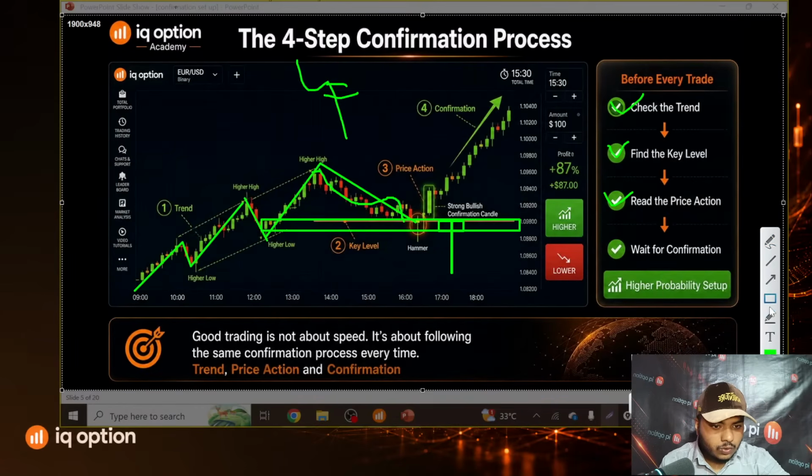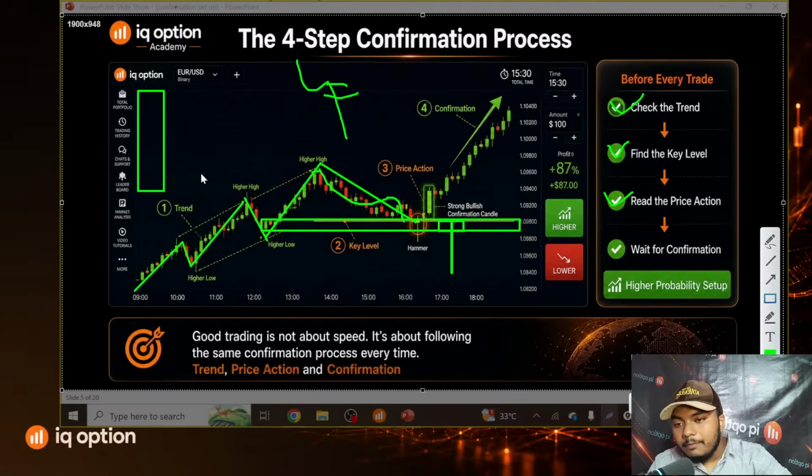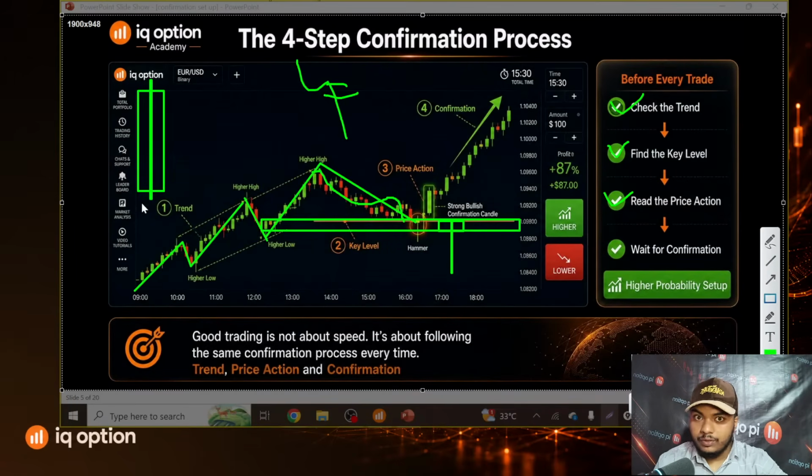Let me give you a little tip on how you can find momentum. Momentum can be a very big candle, not that big like news candles, but very healthy good candles with very weak lower shadows like this, with bigger bodies. That kind of candle can also become your confirmation candle.